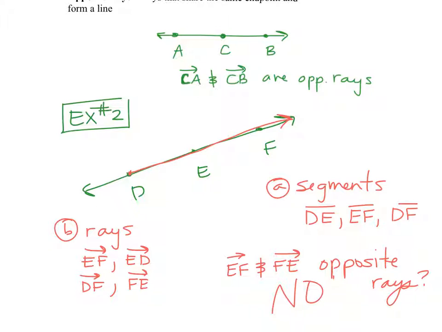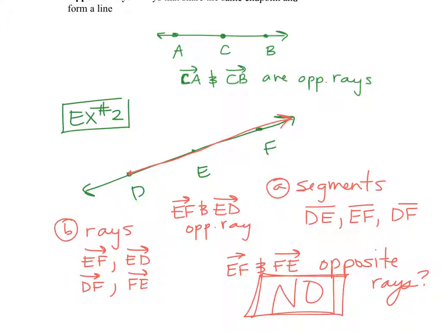So this would be a big fat no on are those opposites. What are the opposites? EF and ED, okay? So ray EF and ray ED are opposite rays. Okay, any questions on that?